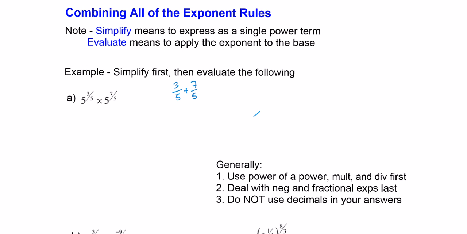Remember, when we're adding fractions, the denominator stays the same, but the numerators are added together. So now we end up having 10 over 5. Let's show that on our next line. So we have 5 to the 10 over 5. Once we have 5 to the 10 over 5, we simplify that to 2. So this is our simplified form.